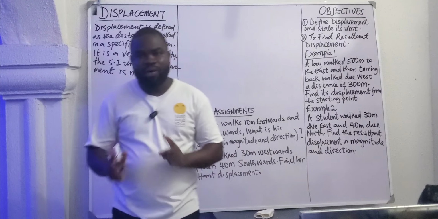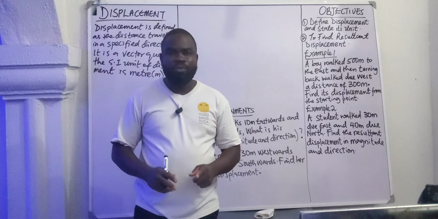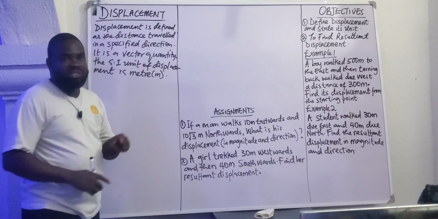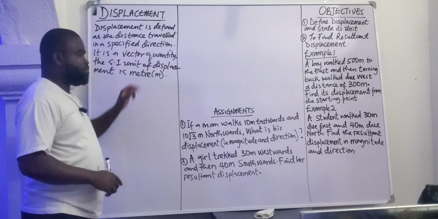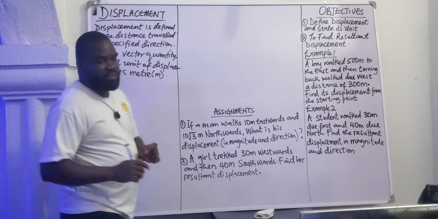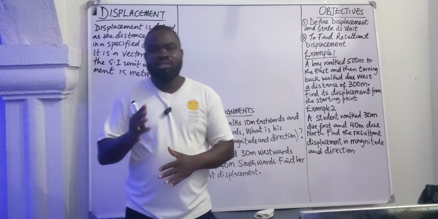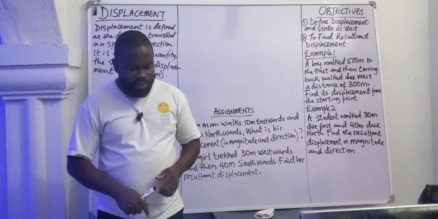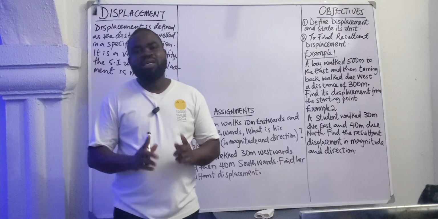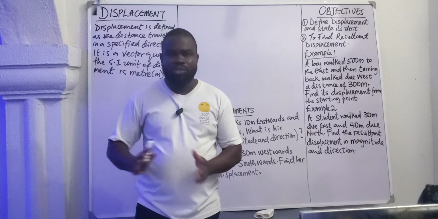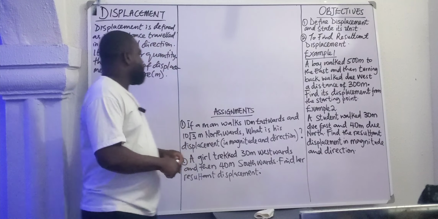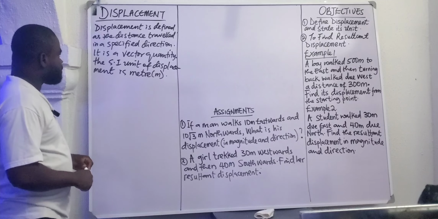However, both of them have something in common, which is the SI unit. The SI unit of distance and displacement is meter. So going forward, you will see that distance and displacement most times are used interchangeably. However, they are technically not the same, which is what I just distinguished.